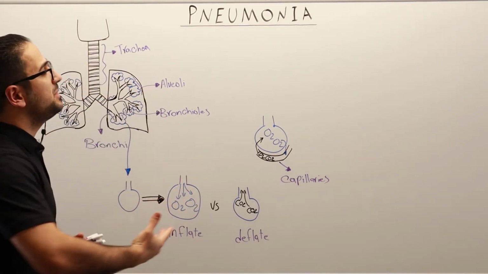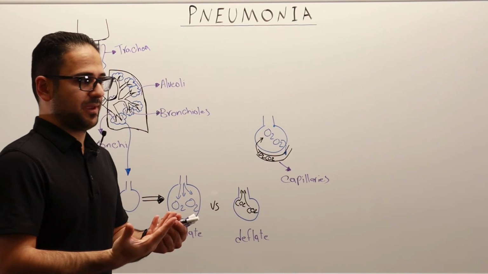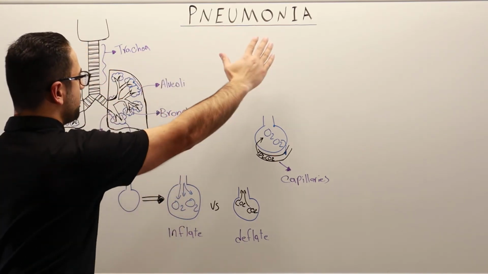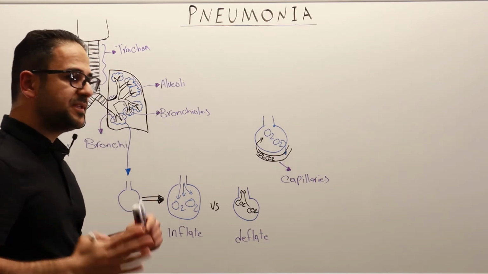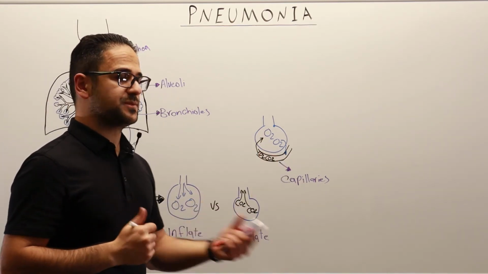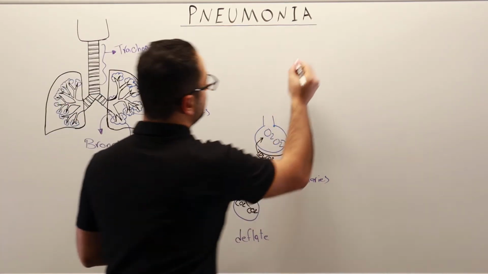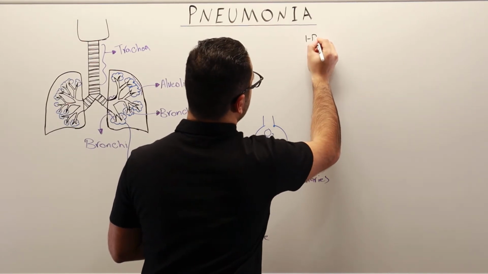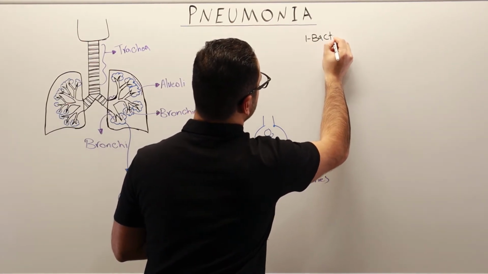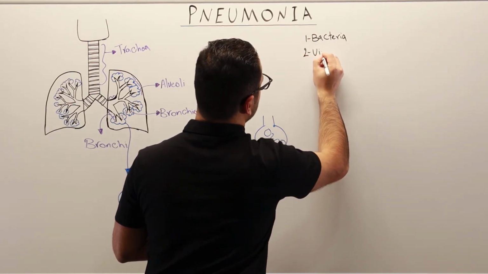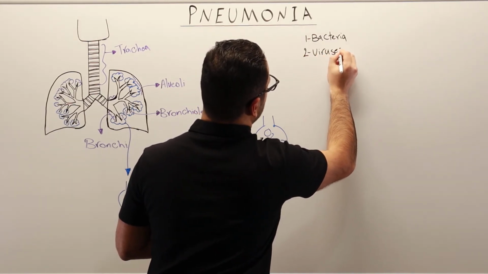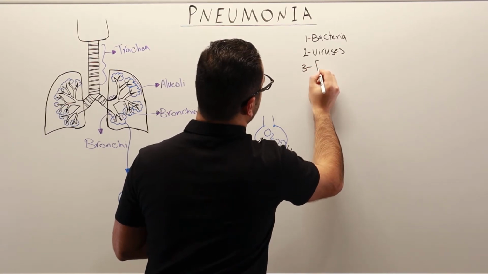So this is what happens in normal condition where we're breathing. When there is no pneumonia, nothing is going on. Pneumonia can happen due to different germs. For example, first bacteria, second viruses, third fungi.